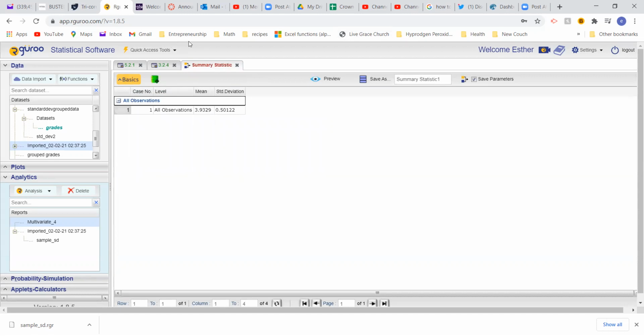And then let me annotate here. Basically, you turn that ratio into a percentage. So to get our coefficient of variation, we would take 0.50122 to the mean.